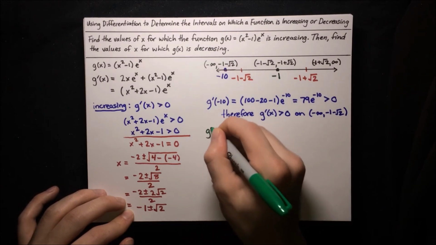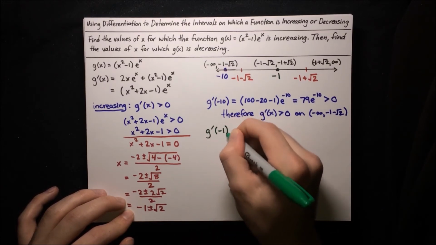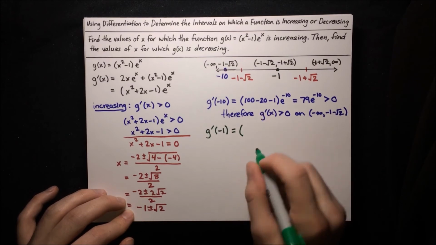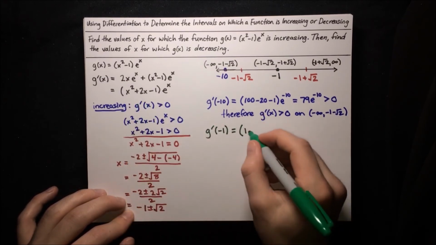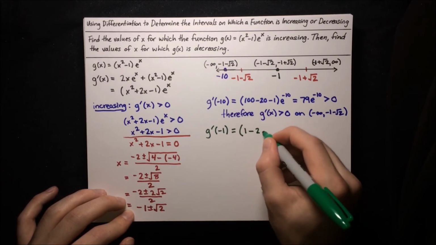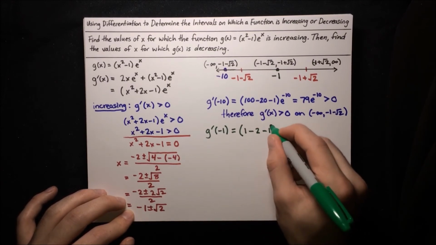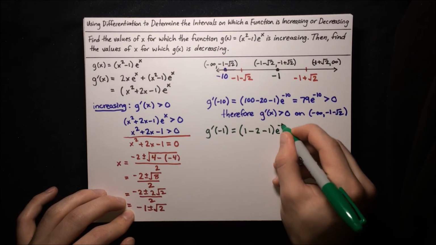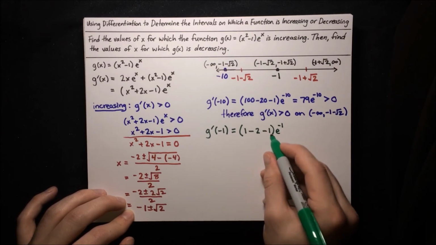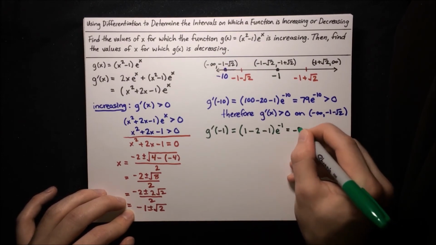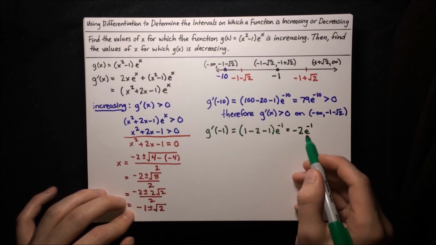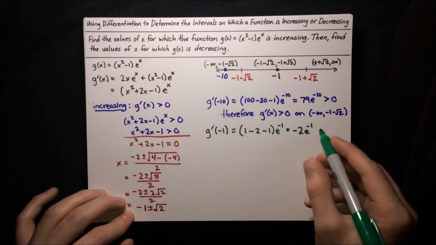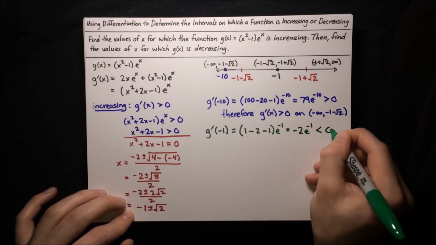We compute g prime of negative 1: negative 1 squared, which is 1, plus 2 times negative 1, which is minus 2, then minus 1, times e to the negative 1. 1 minus 2 minus 1 is equal to negative 2, so negative 2 e to the negative 1. Negative 2 is negative, e to the negative 1 is positive, so the result is negative, so g prime of negative 1 is less than 0.